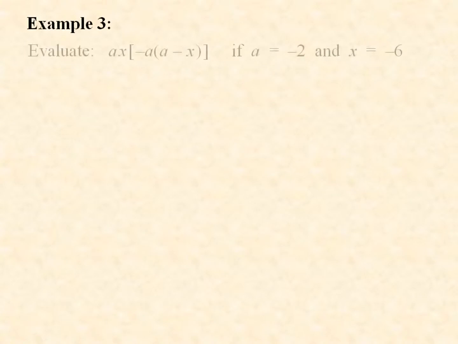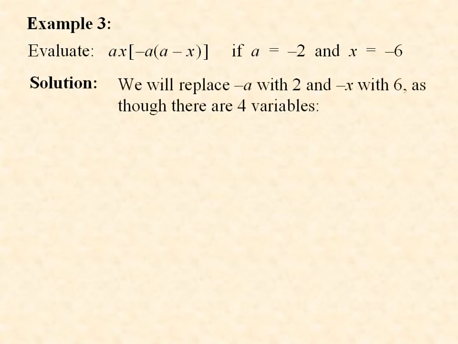Example 3. Evaluate ax, bracket opposite of a, parentheses a minus x, if a is -2 and x is -6. As with the previous example, we are going to replace the opposite of a with +2 and the opposite of x with +6 as though there are 4 variables.